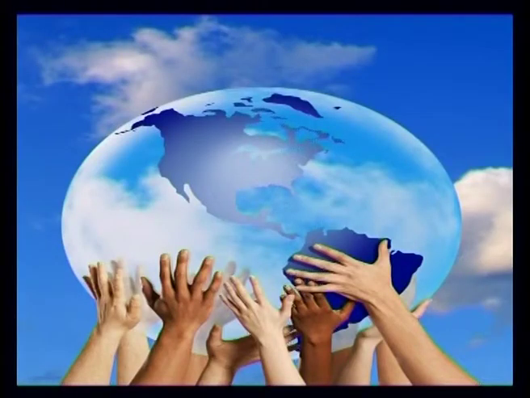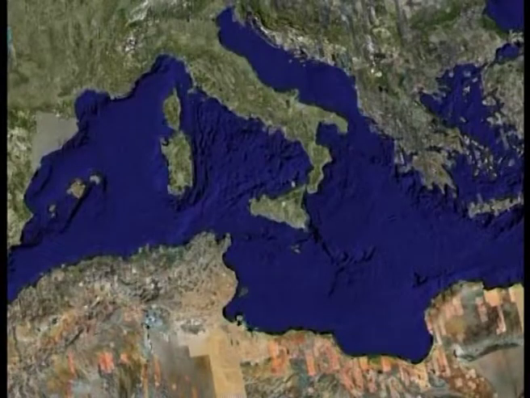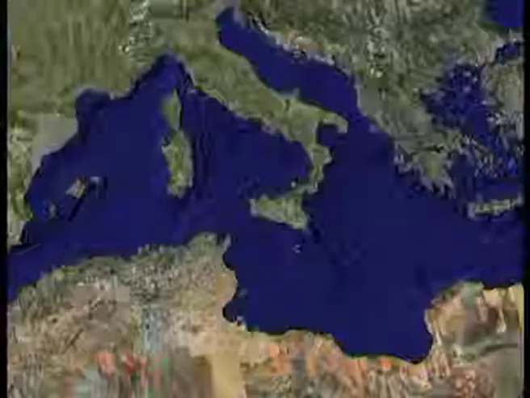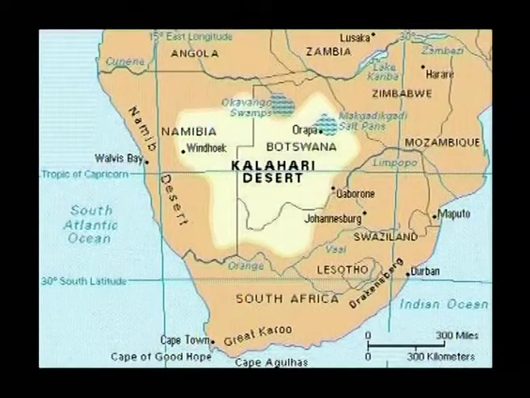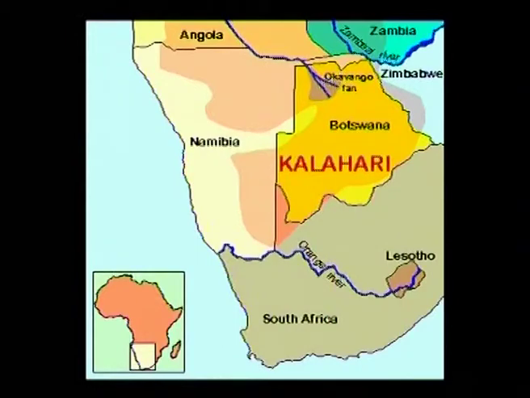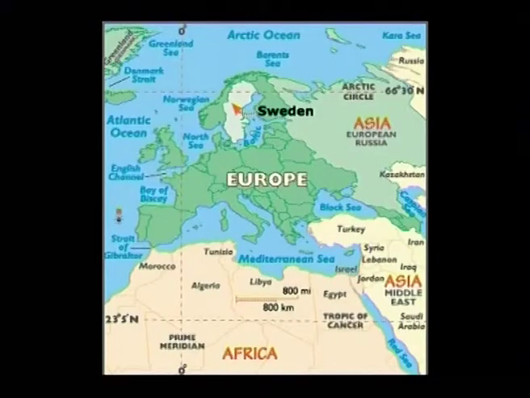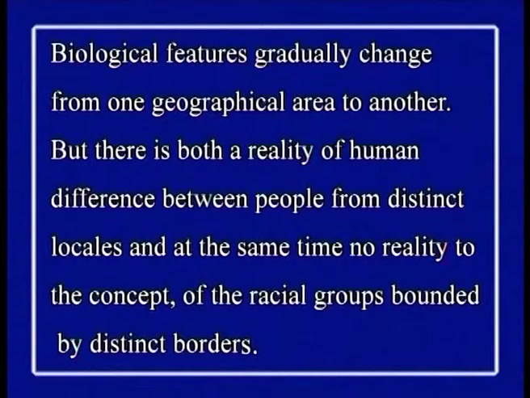Therefore, people are distinct across broad geographical ranges, for example, between the populations from the Kalahari and from Sweden. However, humans are continuously distributed with no distinct borders or boundaries separating them. Biological features gradually change from one geographical area to another.